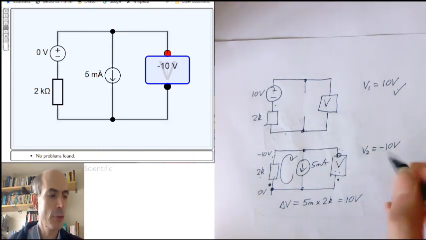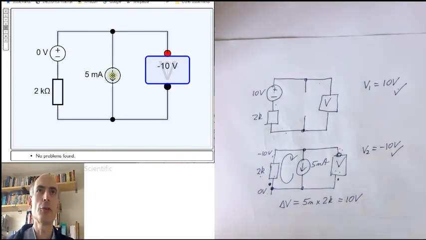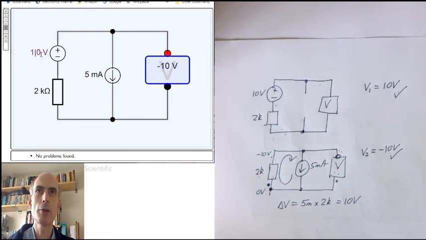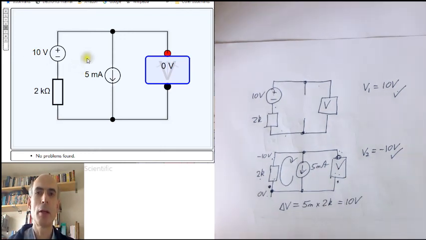And yes, the contribution of the current source to the voltage here is minus 10 volts. Turn both of them on at the same time, and the result is 0. Yes, works. Great. And this is a much easier way to analyze this circuit than any attempt to apply Kirchhoff's current and voltage laws and solve a whole load of simultaneous equations.